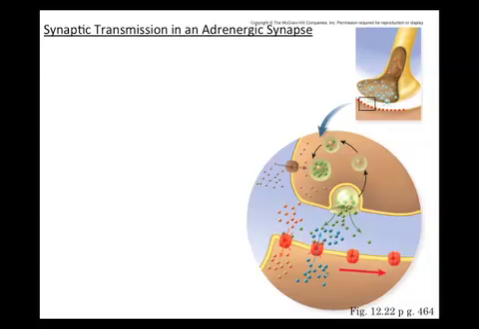Actually, it happens in both sympathetic and parasympathetic in different places, where this process happens, where you get the movement of these ions that results in an action potential. Now, an action potential can be a nerve impulse, or it can result in skeletal muscle contraction, or cardiac muscle or smooth muscle contraction as well.